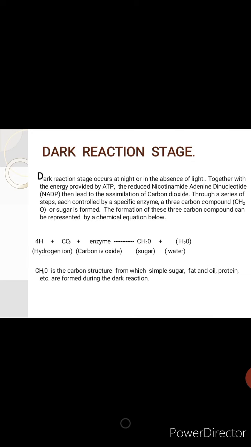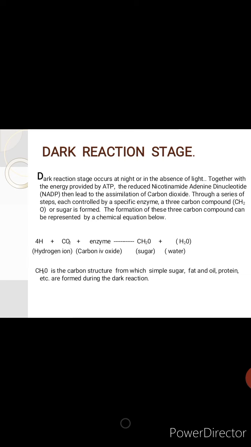The dark reaction stage is a stage that occurs at night and in the absence of light. The end result of the light reaction stage is that the compound coenzyme is reduced by hydrogen to form NADPH, and ATP is also formed. Now, together with the energy provided by ATP, the reduced NADPH then leads to the assimilation of carbon dioxide, which is a waste gas.